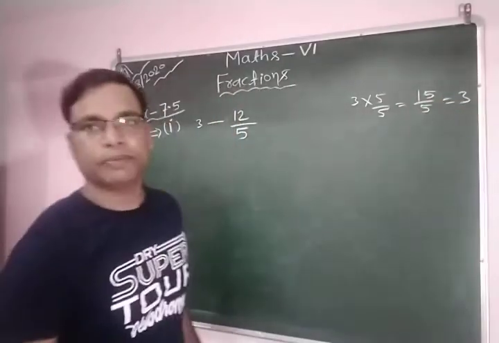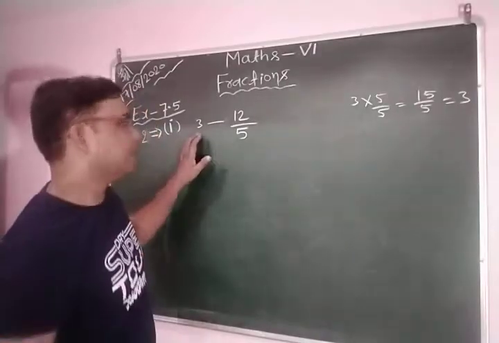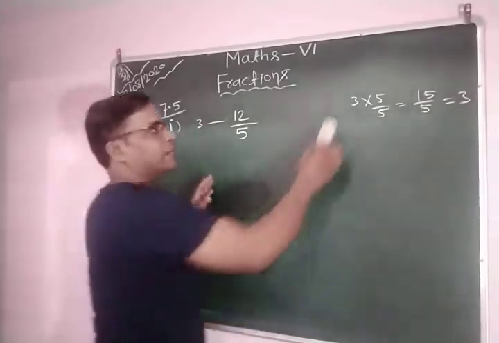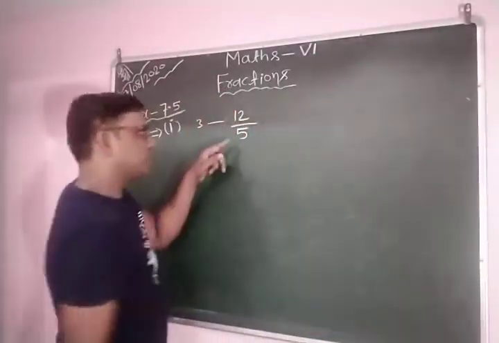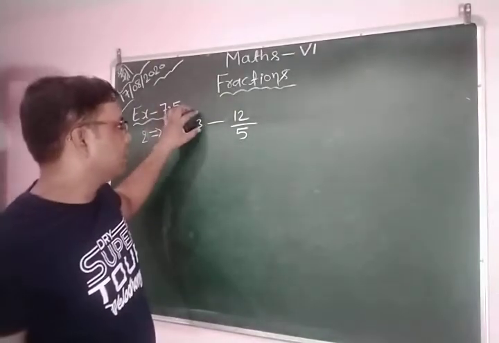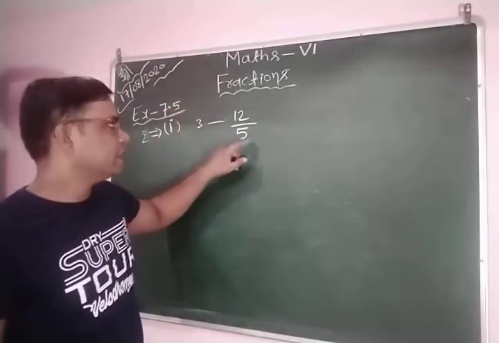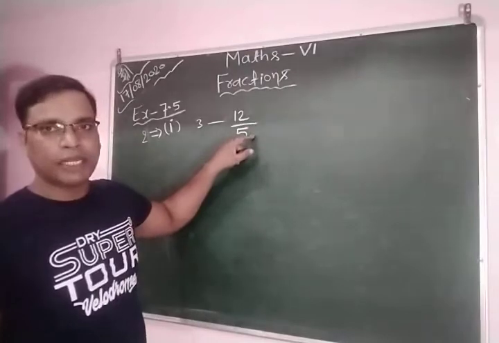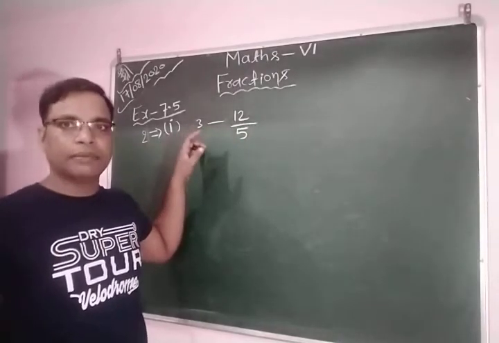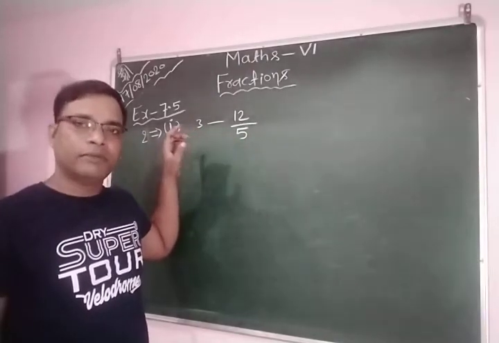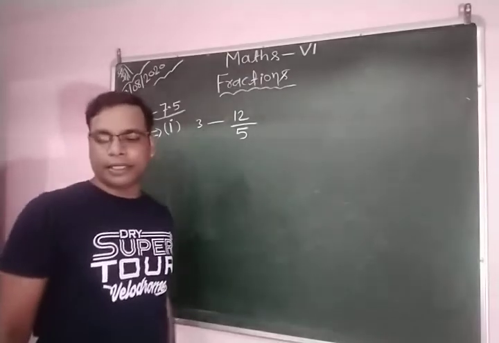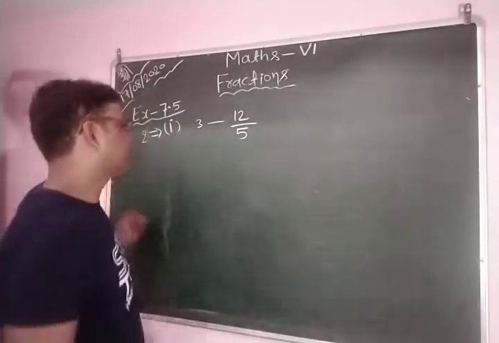We multiply and divide this 3 by 5 because the denominator here is 5, so to get the same denominator we multiply and divide 3 by 5.